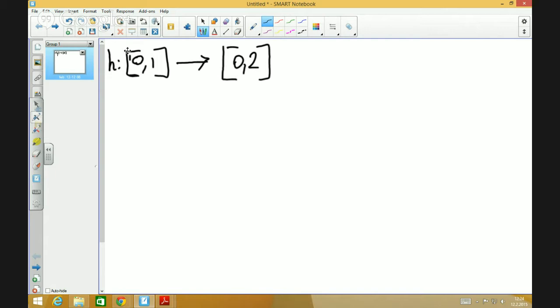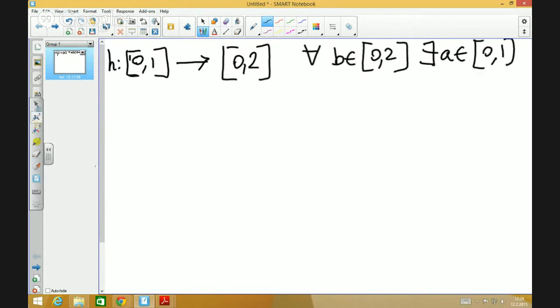That's injection. The second property that a bijection should have is that it should also be surjective. What does this mean? This means that no matter what number b between 0 and 2 you pick, there always is some number a between 0 and 1 such that h of a is equal to b.